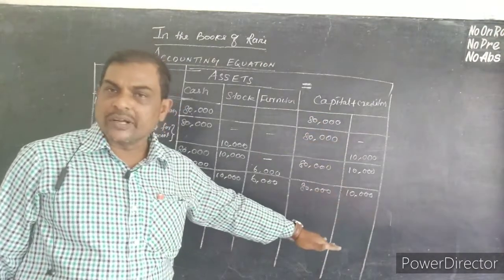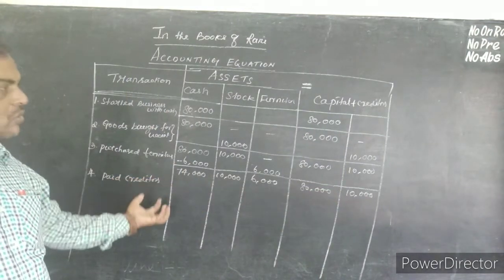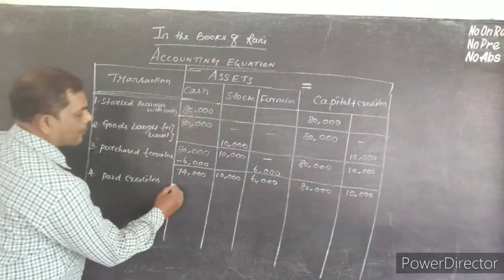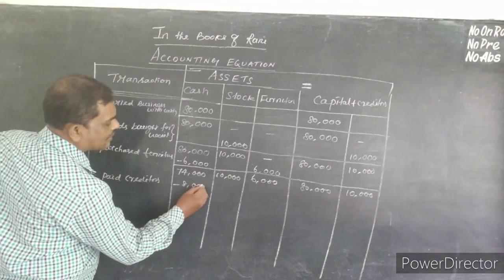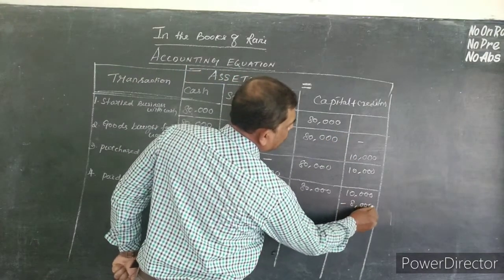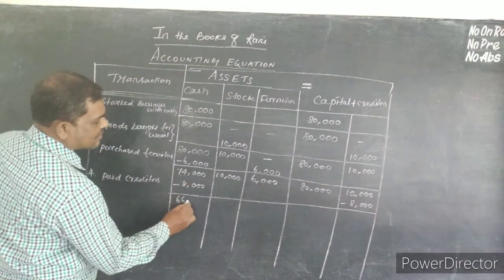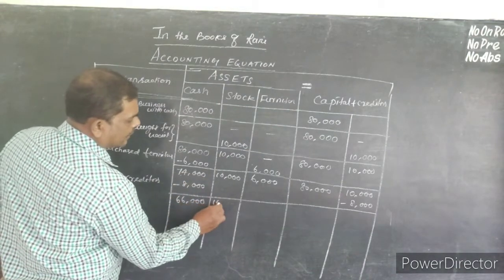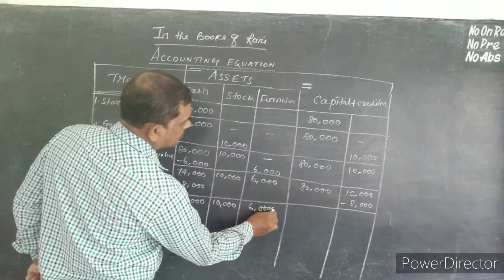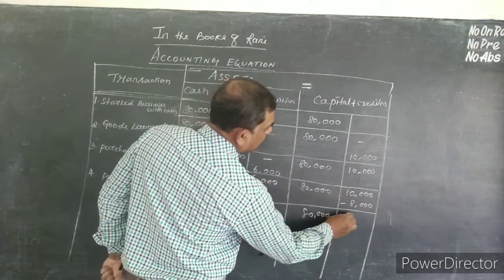So here minus 8,000. Same in liabilities, creditors also minus 8,000. 74 minus 8 is 66,000. 10,000. 6,000. Here 80,000. Here 2,000.